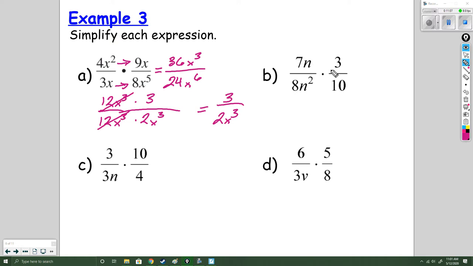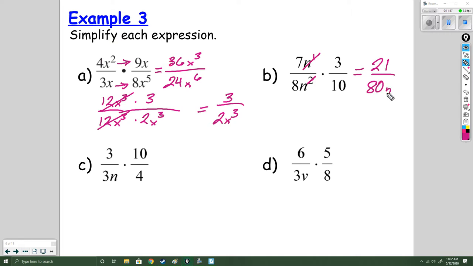And also, remember, all of this on top is just going to be 1 anyway, so we want to look at all these common factors to cancel out. The only thing that I can see is n to the first and n to the second. There's an n in the numerator and denominator. Let's cancel out one of those n's, and that would leave us just with n in the denominator. And now let's multiply straight across, and we get 21 over 80n.